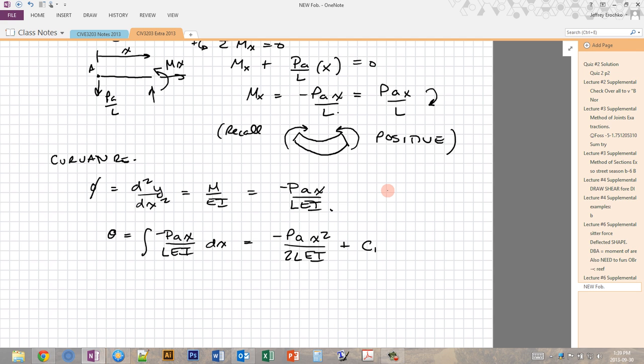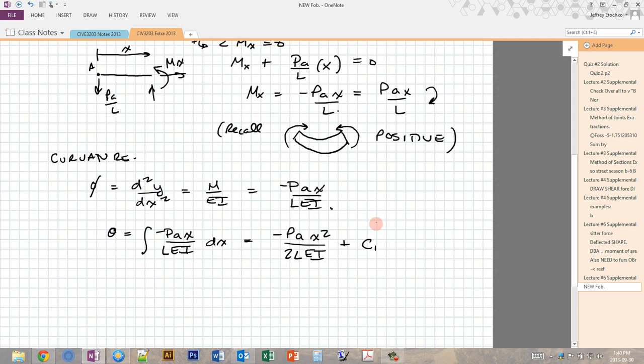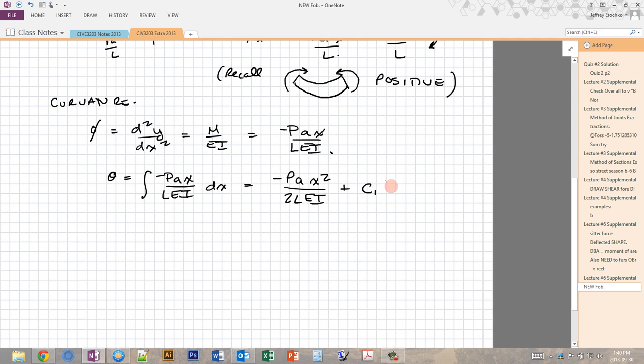Now this is a little bit different. We're doing an integration, so we're still finding the area. This is effectively the area under the M over EI diagram. However, this C1 accounts for our boundary condition. So this C1 accounts for the fact that the slope is not 0 at point A. And we have to find that C1. We have to solve for it using the boundary condition.